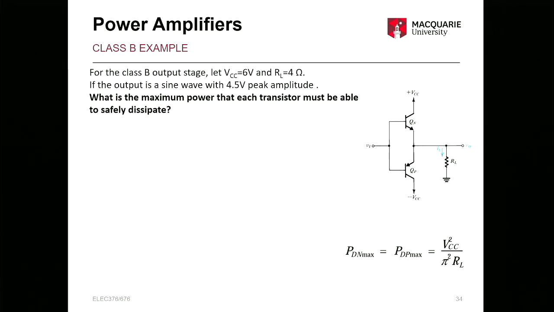Okay, and finally, I'll just go through this one very quickly. So what's the maximum power that each transistor must be able to safely dissipate? So for that, we can just use our power equations, okay? So that one's going to be very straightforward.